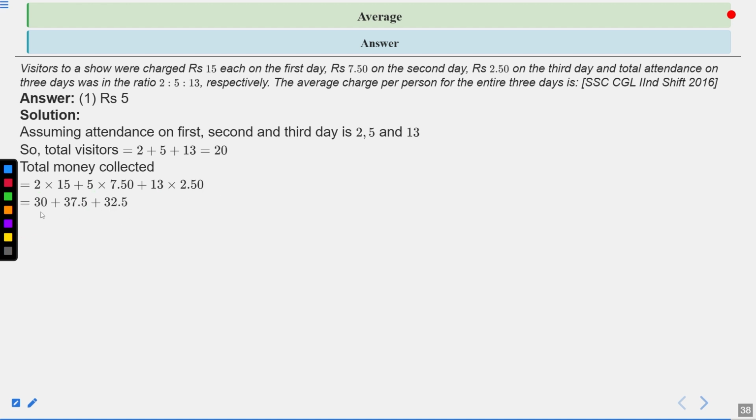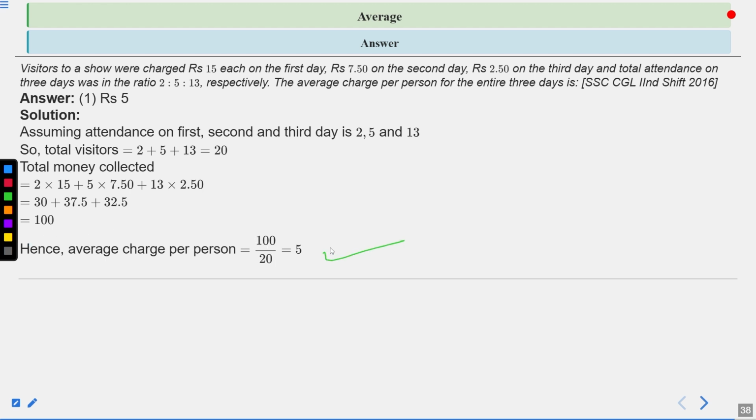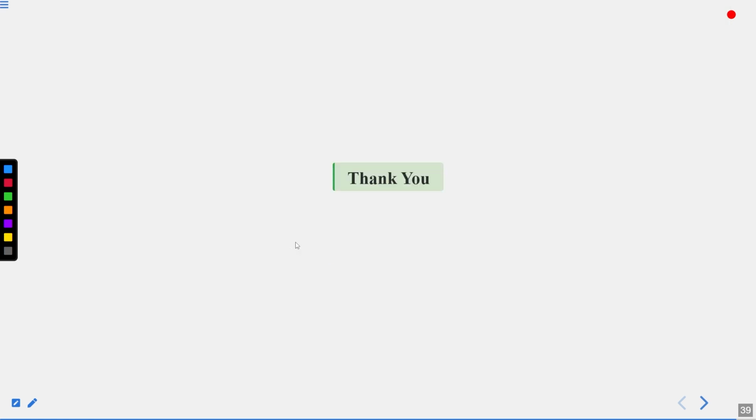Simplifying it, we get 30 plus 37.5 plus 32.5, which becomes 100 when we add up. So the average charge per person will become, total persons are 20 and total amount is 100, so 100 divided by 20, we get 5 rupees. So first one is the correct answer of this question. Thank you.